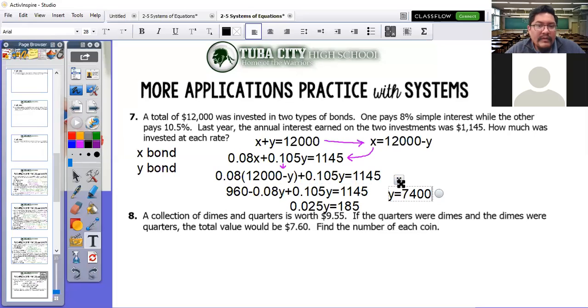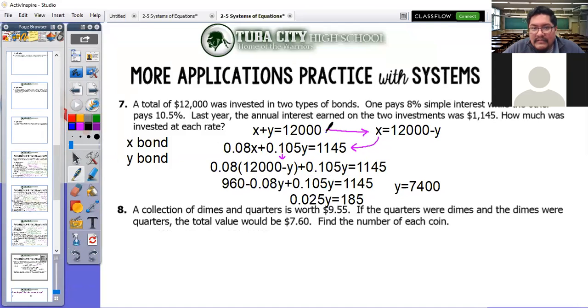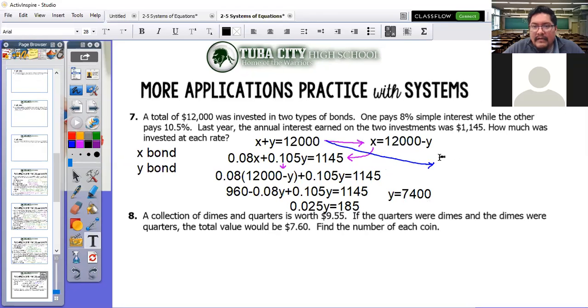Okay, so now that we know this, the good thing about this one is that we can plug it back into, say, one like this. So I get X plus Y, but I know that Y is 7,400. So what number would I need to add to 7,400 to get 12,000?